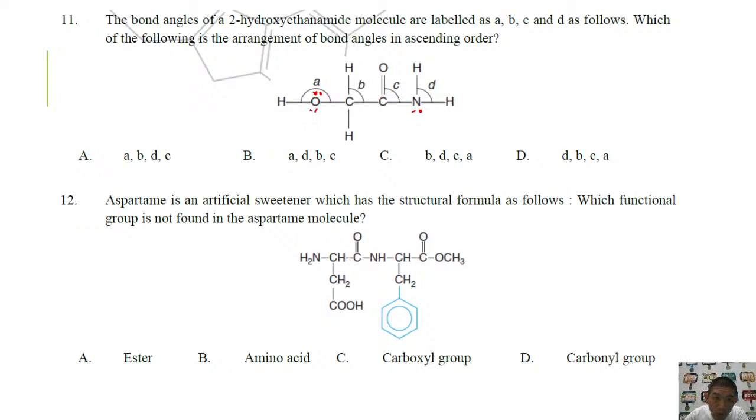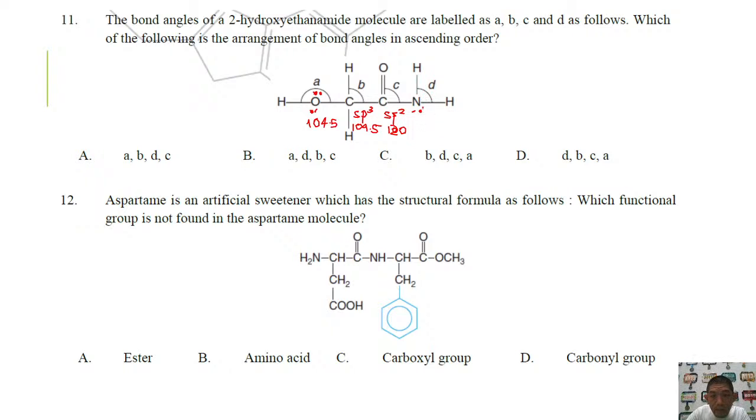So because of the two lone pair electrons inside oxygen, it makes the angle of the O in here become 104.5. This carbon is sp3, so it's 109.5. This carbon is sp2, so it's 120.